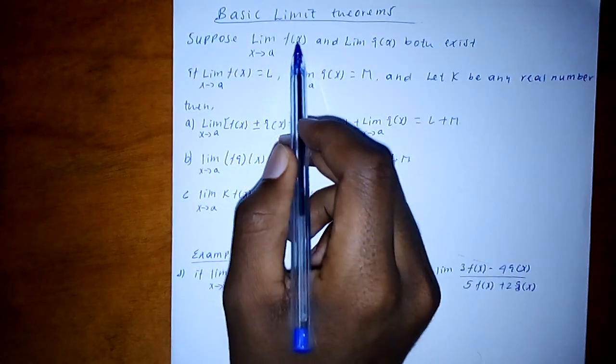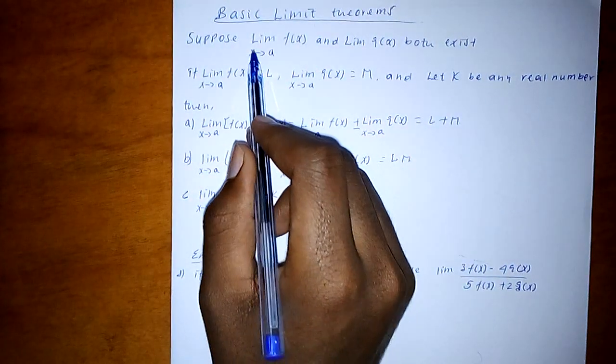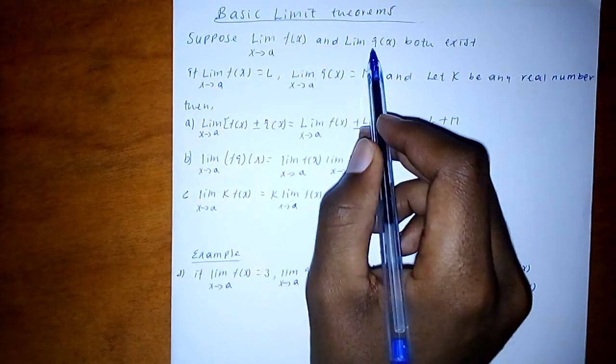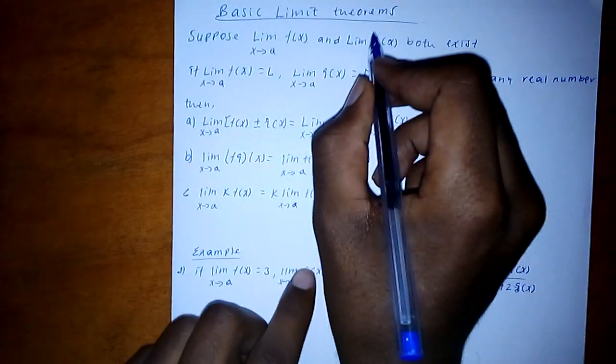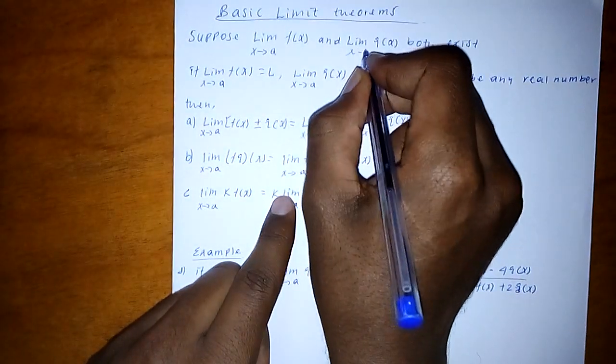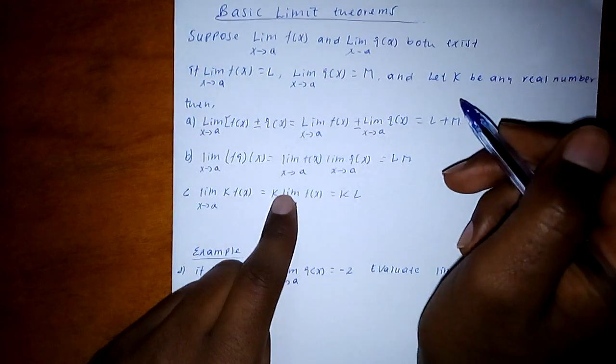Suppose the limit of f of x as x approaches a and the limit of g of x as x approaches a both exist.